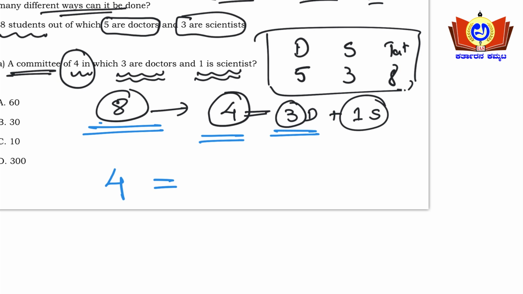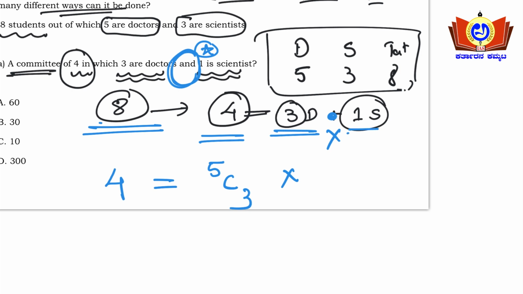Totally 5 doctors are there. Out of them you need to choose 3: 5C3. And it is not plus, actually it is and: 3 are doctors and 1 is a scientist. You need to take care of this, and so multiply here.